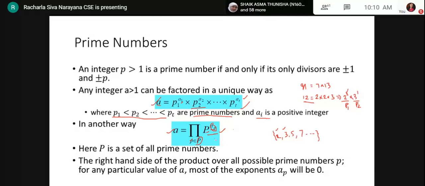So for any value, we have prime numbers on the right side, and most of the exponents will be 0. So this is about prime numbers.